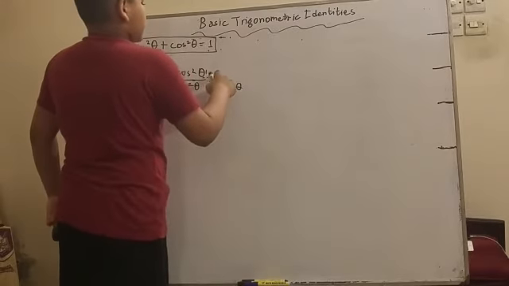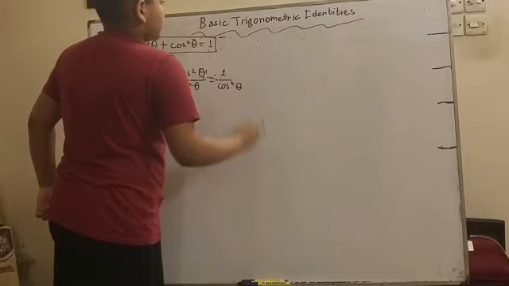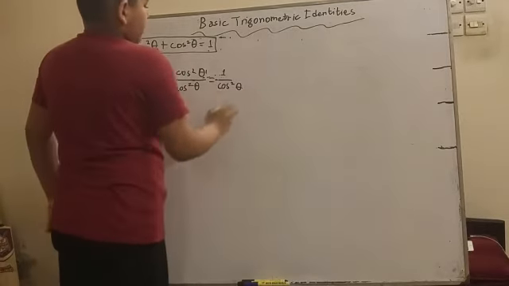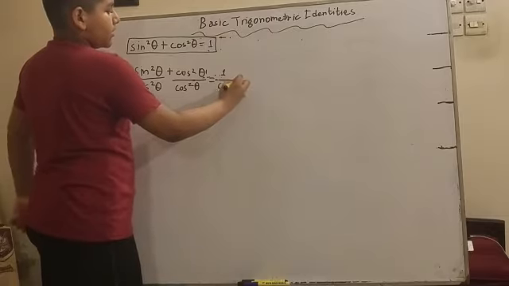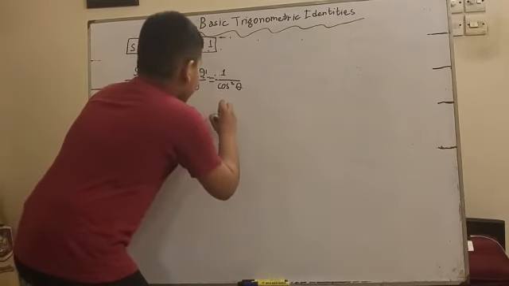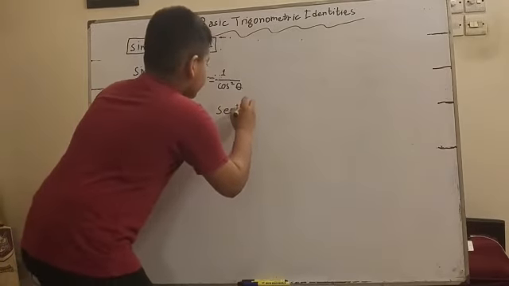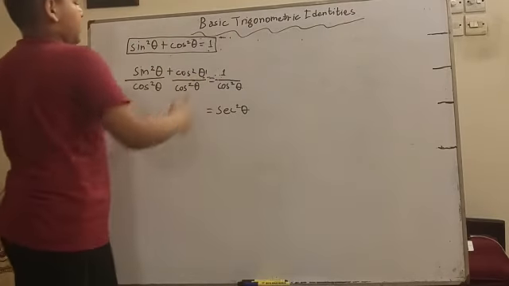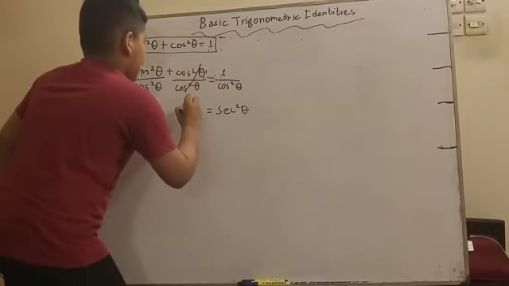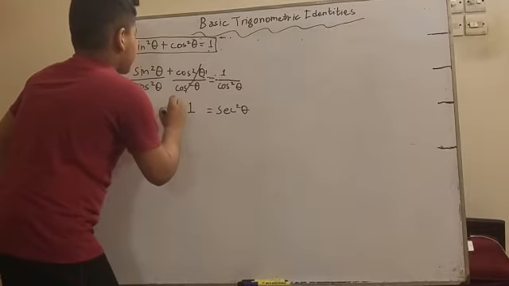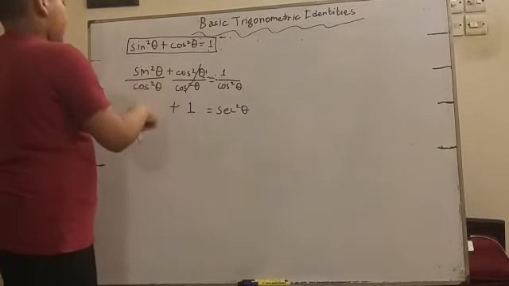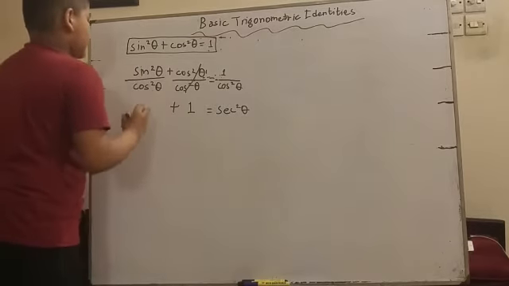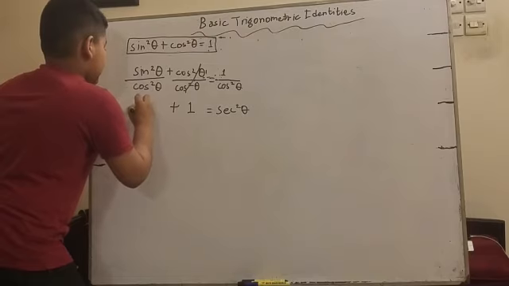And if you saw the beginning of the video, you would understand 1 over cosine squared theta would be secant squared theta. And if you know anything about fractions, you know these cancel out, leaving 1. And if you again saw the beginning of this video, you would understand that sine over cosine is tangent.